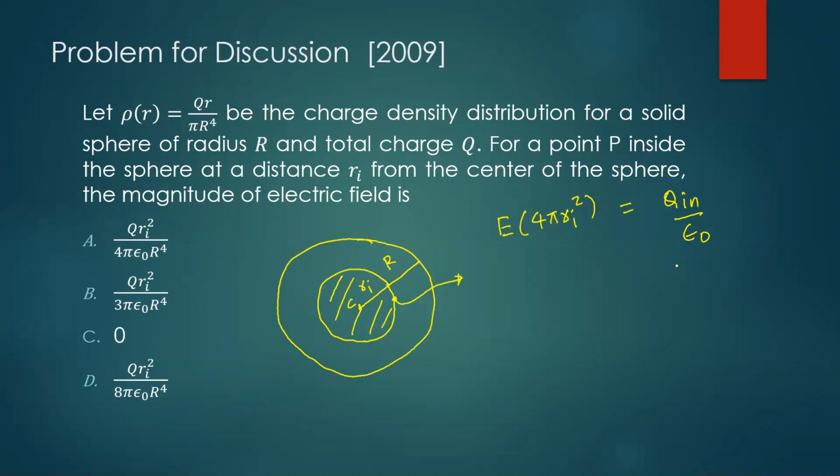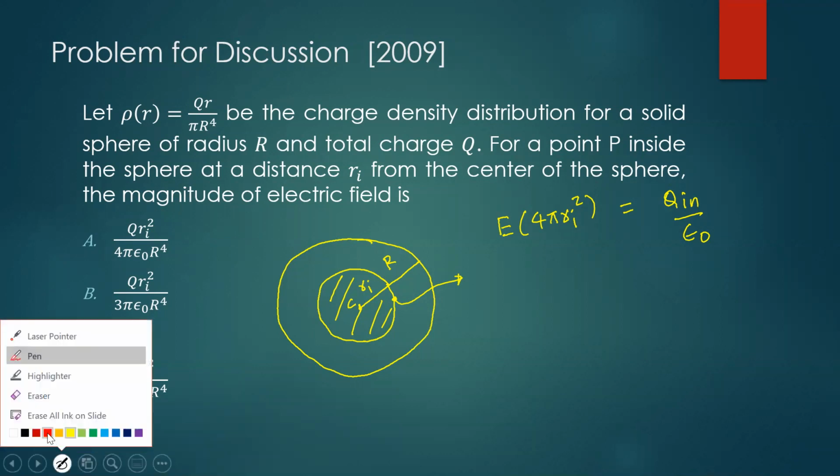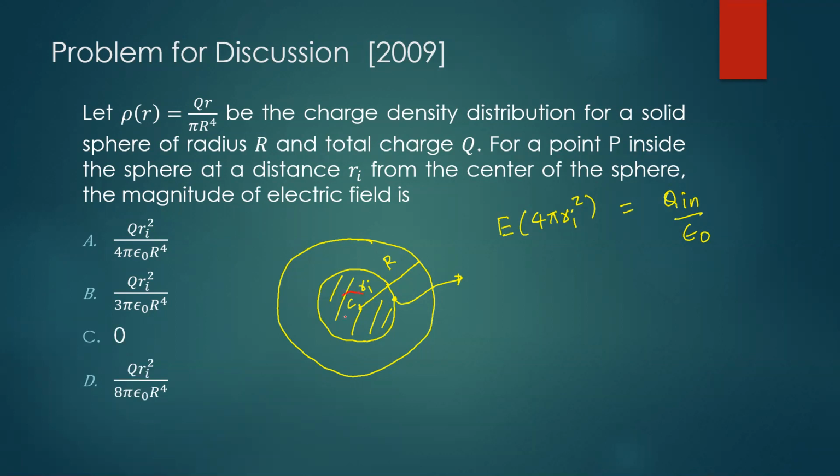Now, I need to calculate the charge inside. That is important. So how do I calculate the charge inside? Because the density depends on the radius, I'll have to integrate. So I will take a thin shell, maybe of radius r and then thickness dr. Now I'll write the charge for that. dq will be density, which is q r by pi r to the power 4, times the volume of that shell.